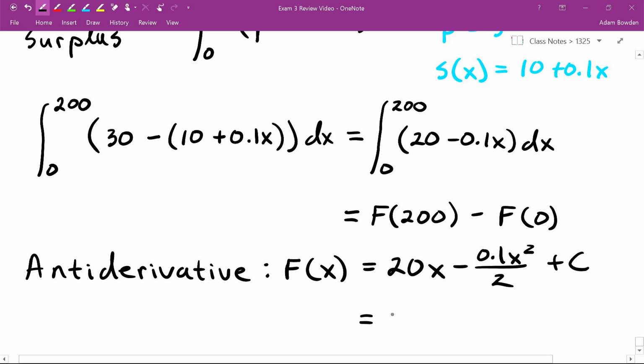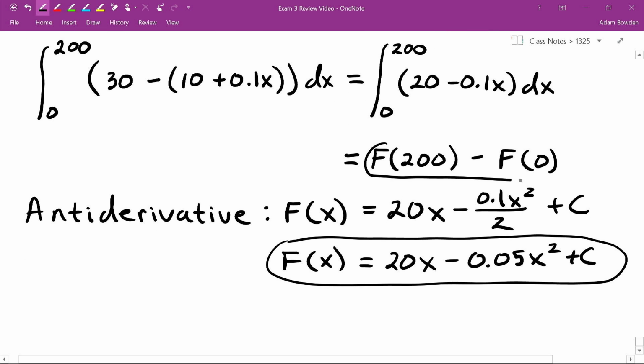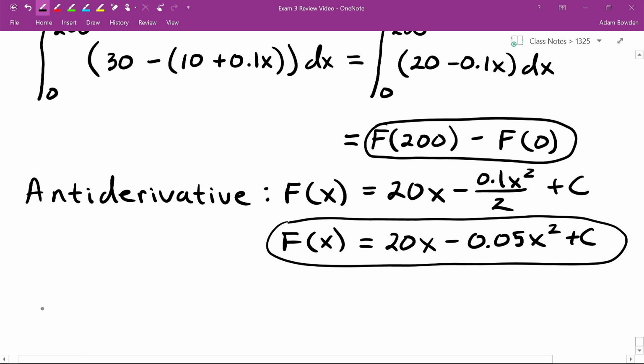And so we could change that up a little bit, divide by 2, it would look like 20x minus 0.05x squared plus a constant c. That's our antiderivative here. Let's use that with the numbers we have up above to calculate everything. So we plug in F of 200 minus F of 0.